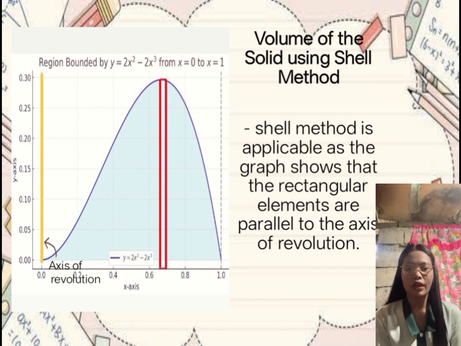So with that, we will use the shell method. And also, the shell method allows us to integrate with respect to x and use the function as originally given. So with this, the shell method is not that complicated to use.